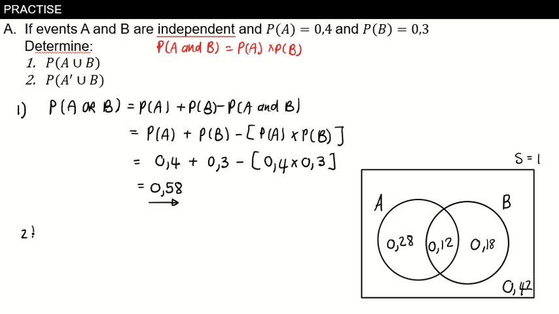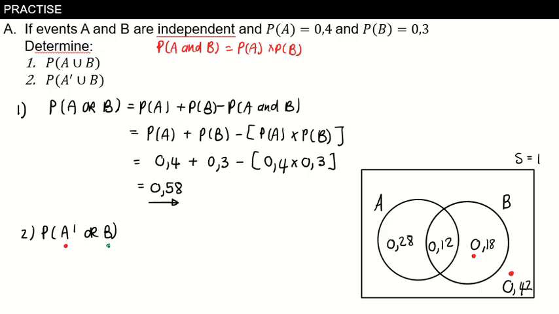Now the question that they are asking is, what's the probability of not A or B? So not A is, if that is a circle of A, we make it dead, which means 0.18 is not A and 0.42 is not A. So not A is red.